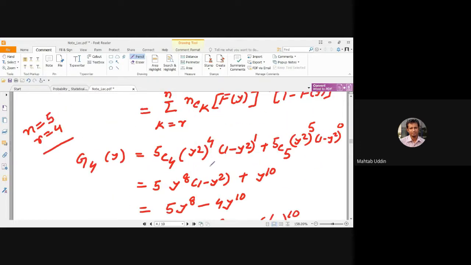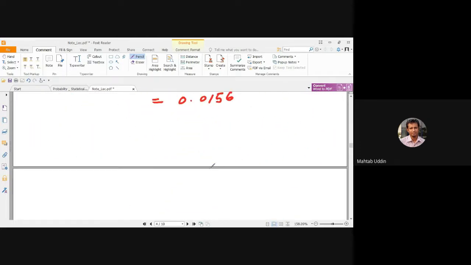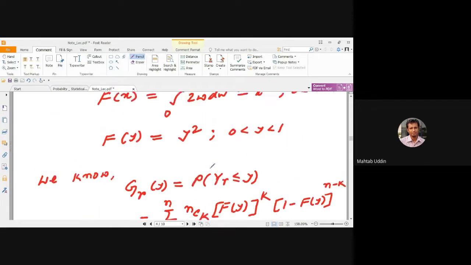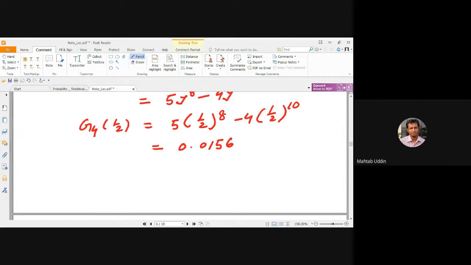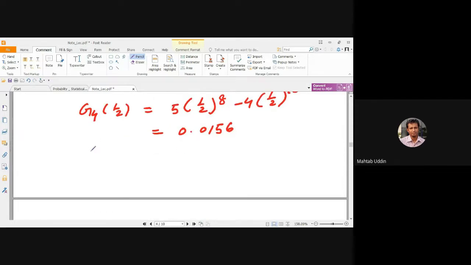Now we need its PDF. We got the probability, and now we need the PDF to find the mean value. What is the formula for the PDF?